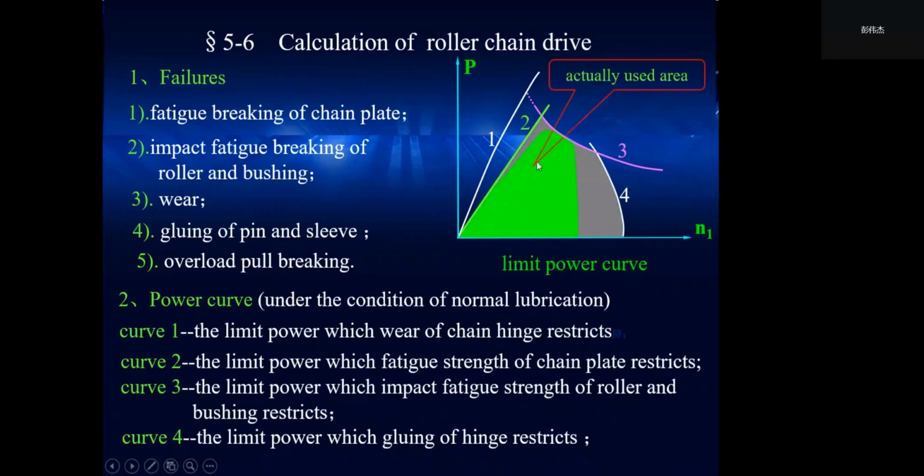And this is the actual used area for chain drive, where this is the power P and this is n1, and within this range is the actual used area. And this is under the condition when the chain drive has bad seal and lubrication.